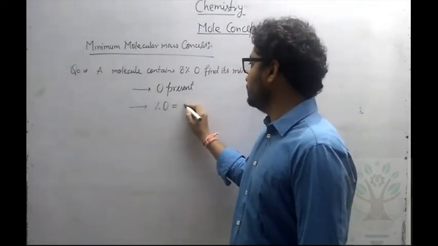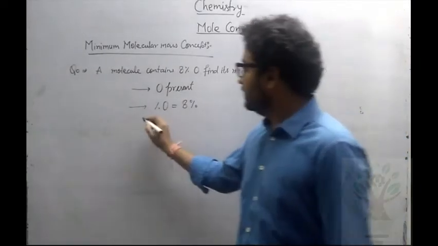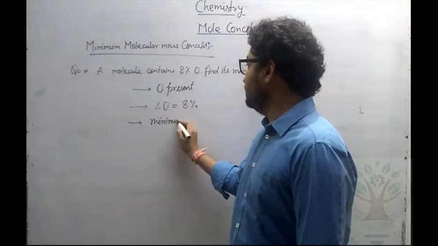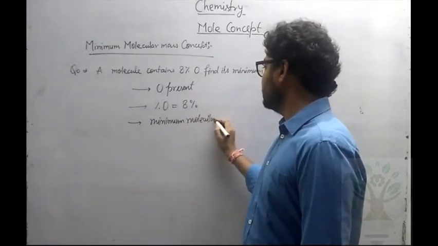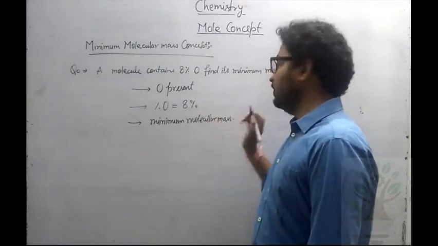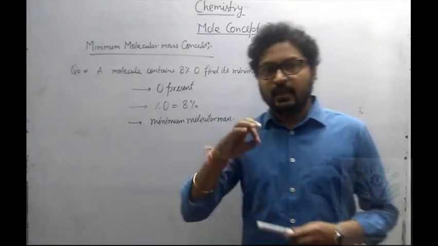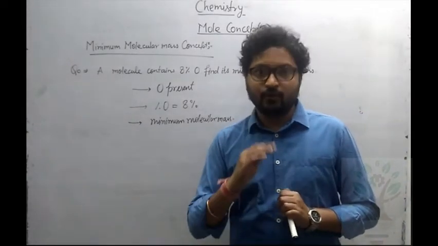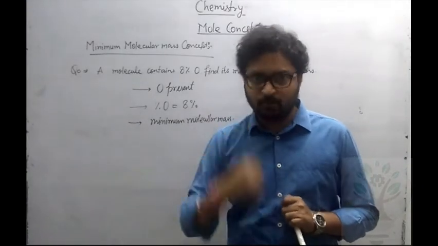Percentage of oxygen equals 8%. And they are saying we want minimum molecular mass. Okay, now think about this. If you want minimum molecular mass, so I am giving you 4 options. How many oxygen atoms would you like to put in your molecule?